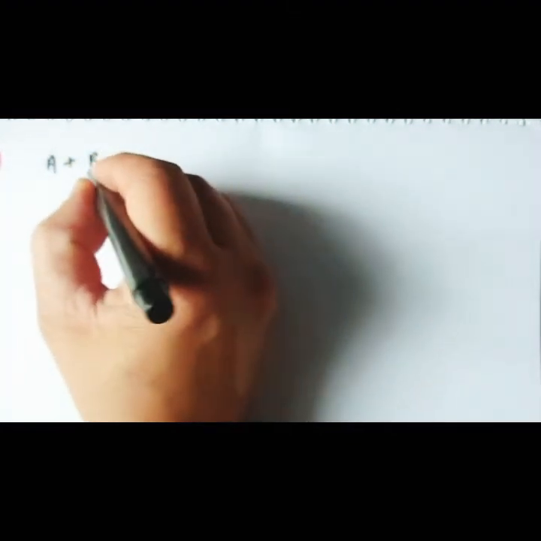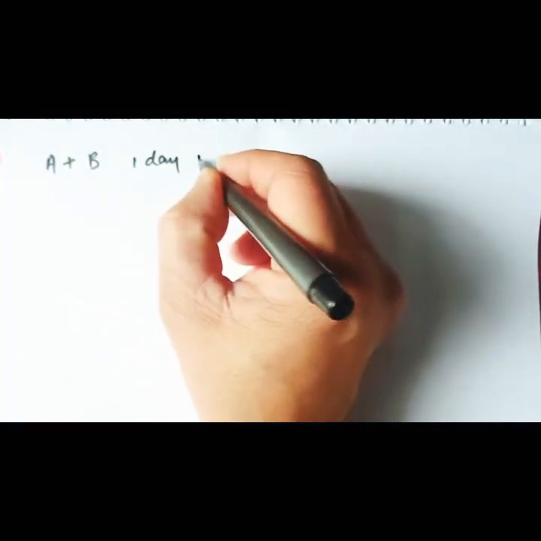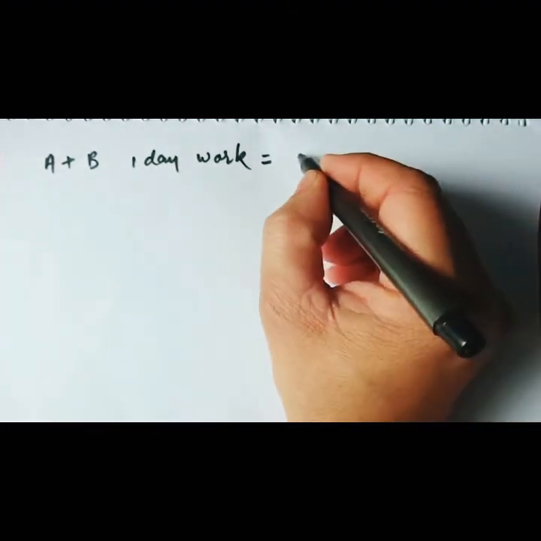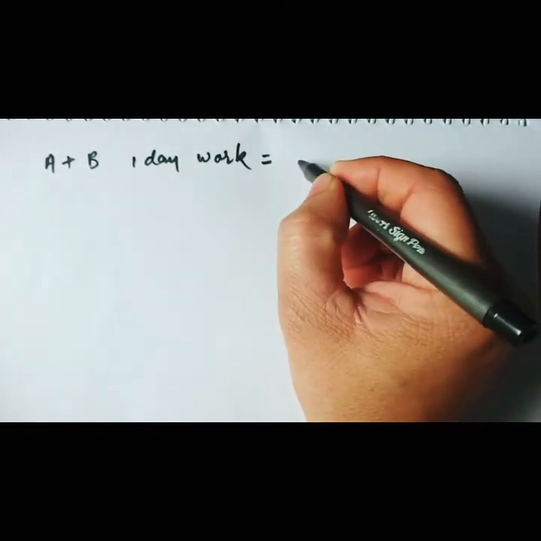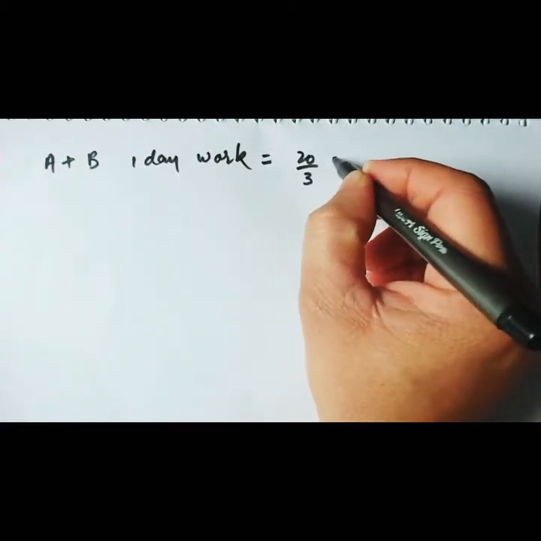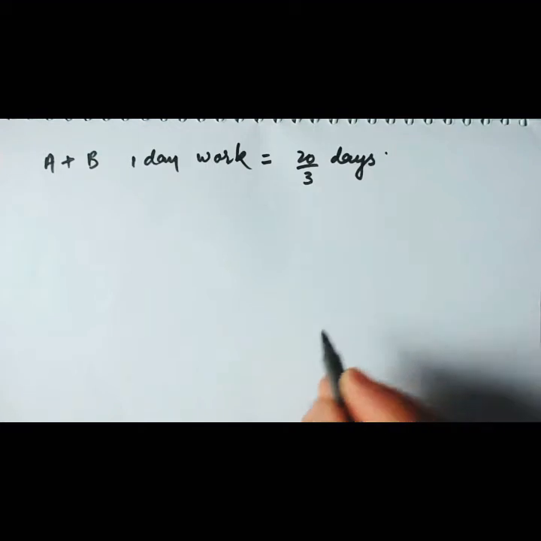In number 2, A and B together can do a piece of work in 6 2 by 3 days. So 6 2 by 3 is equal to 20 by 3 days. Yes or no?